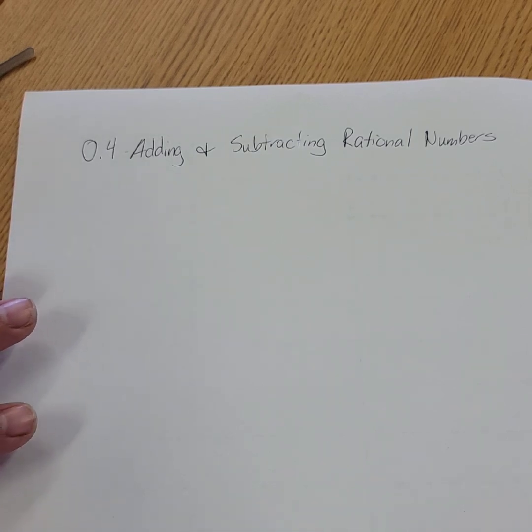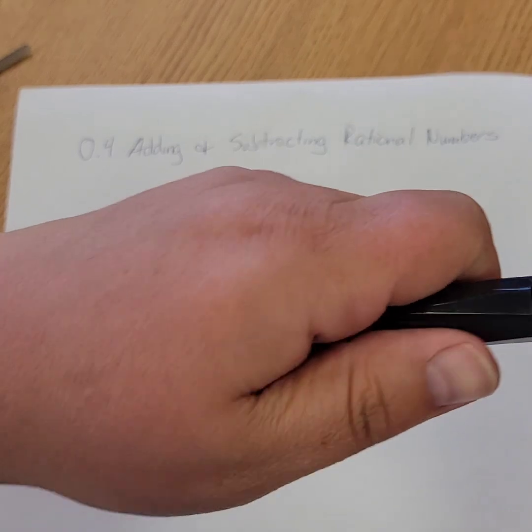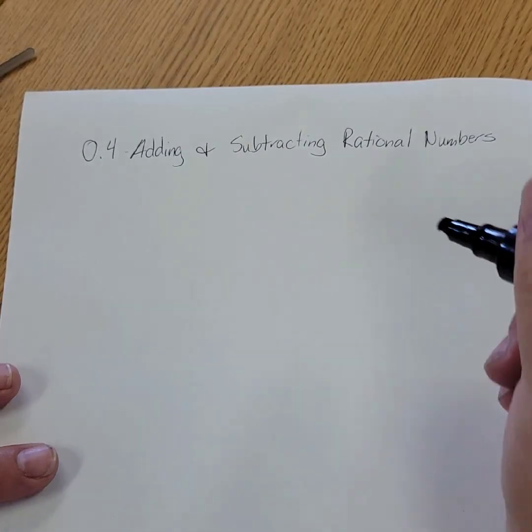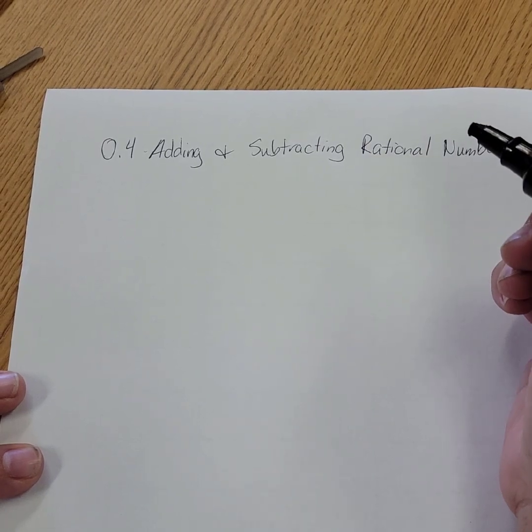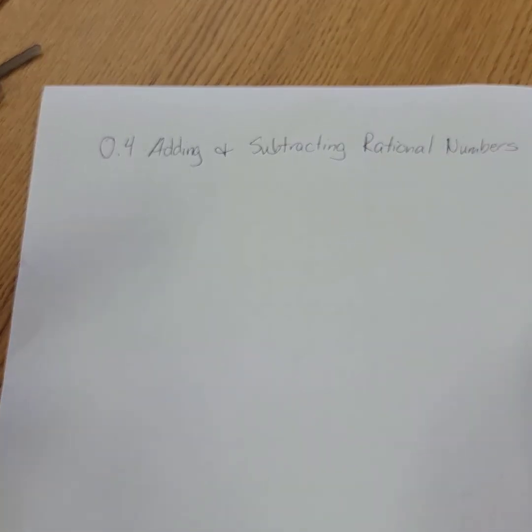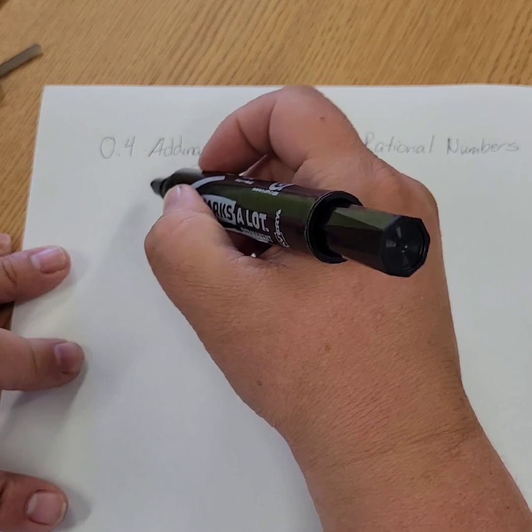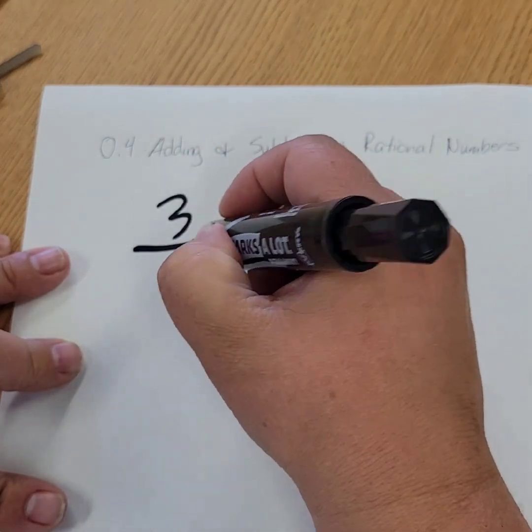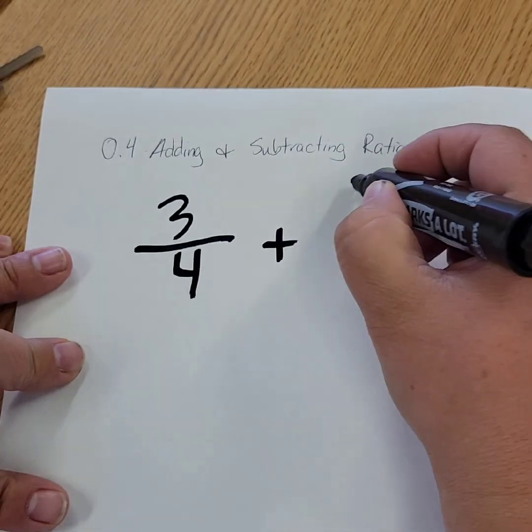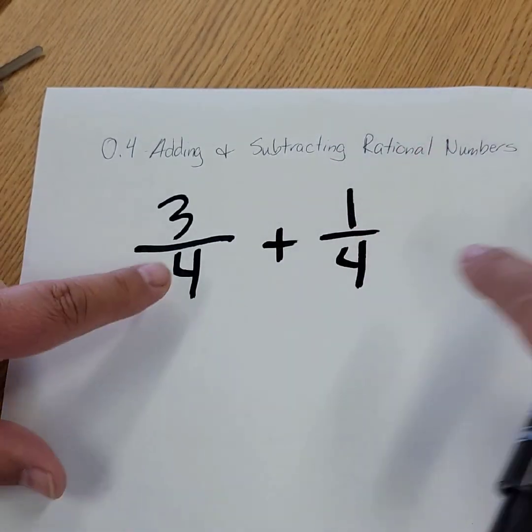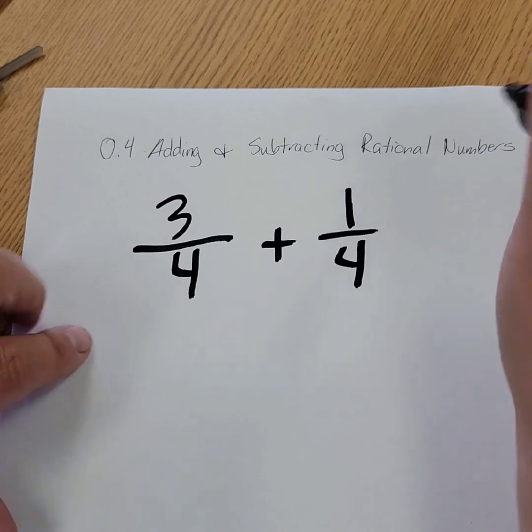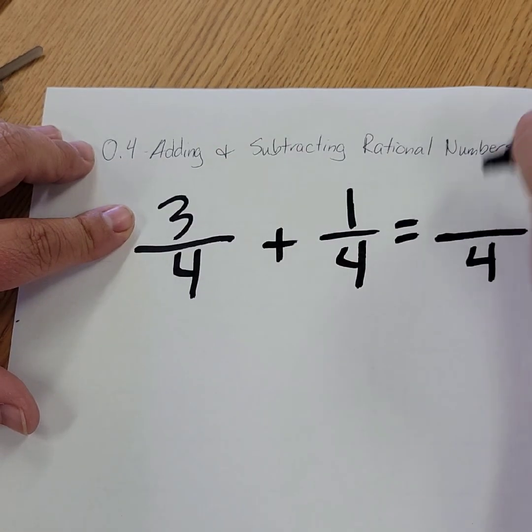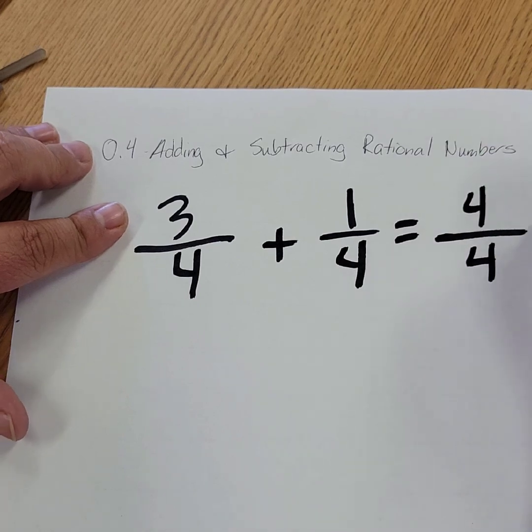Okay, so if we have something like, maybe I'll switch to a marker. We need common denominators when we add fractions. So if we had something like 3/4 plus 1/4, because they're the same denominator, we can go ahead and just keep that denominator and then just add, and that ends up being 1.